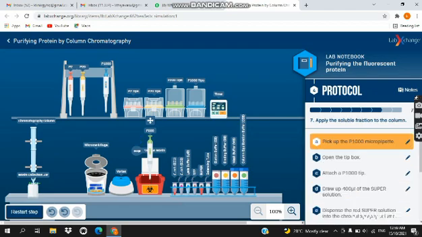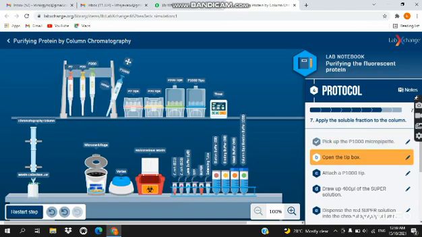Then next, apply the soluble fraction to the column. So pick up the P1000 micropipette and open it.